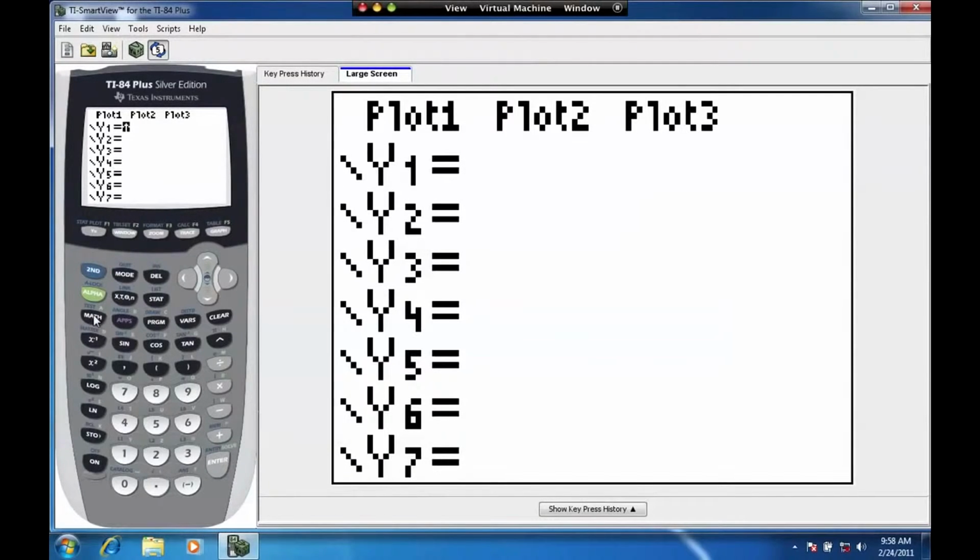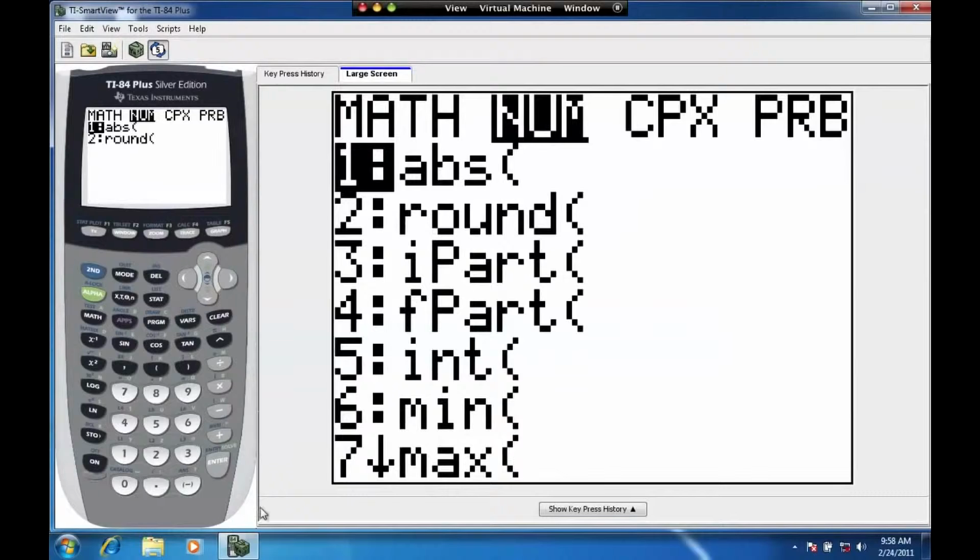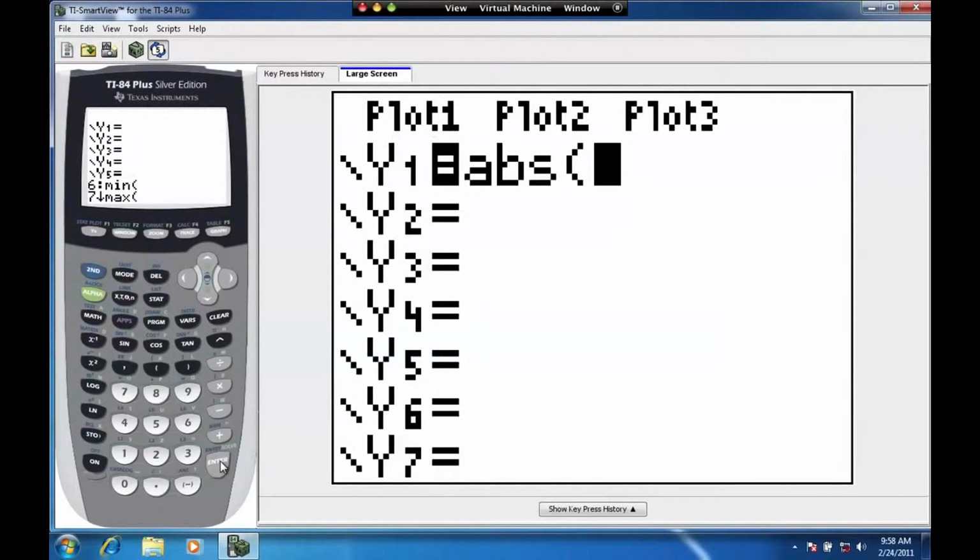Math, NUM, ABS. I'm going to plot the absolute value of x minus 3, which is the absolute value graph shifted 3 units right, and the horizontal line y equals 6. So these are two functions, one linear, the other the absolute value function, and we're going to hit graph.